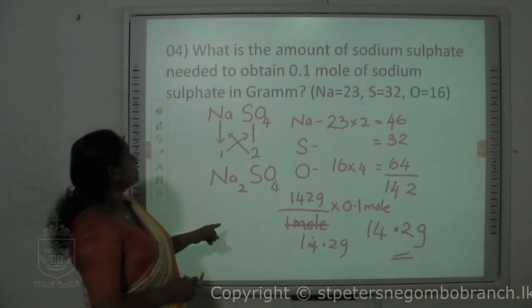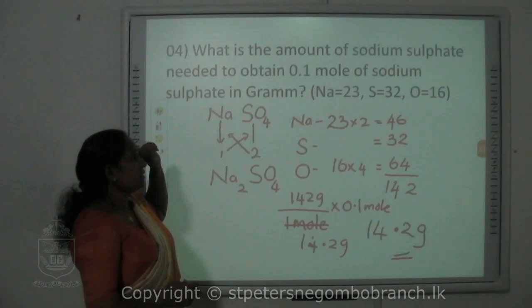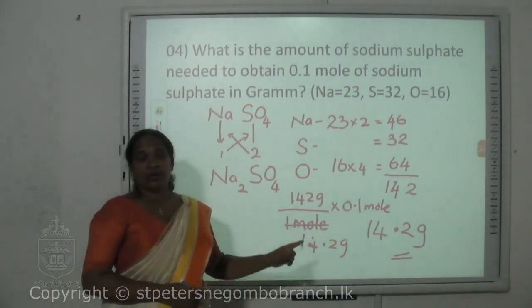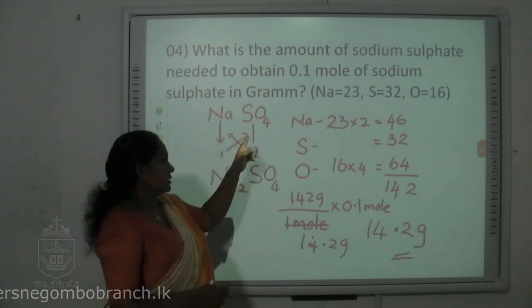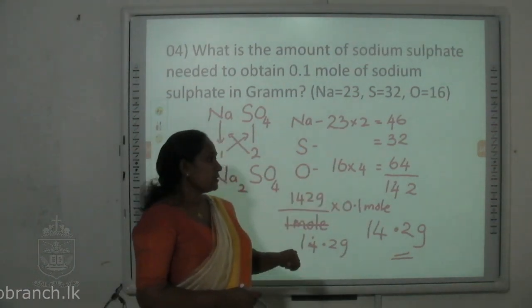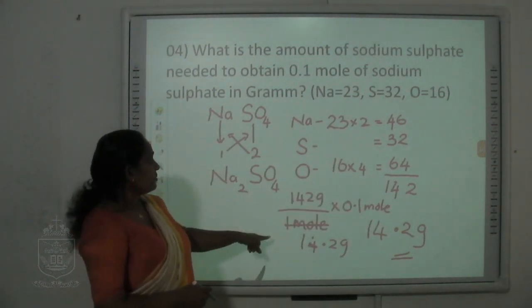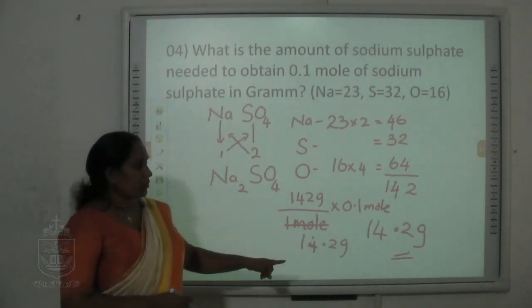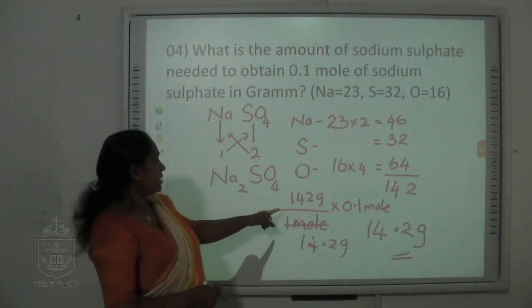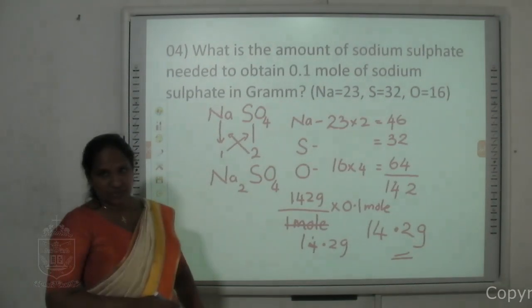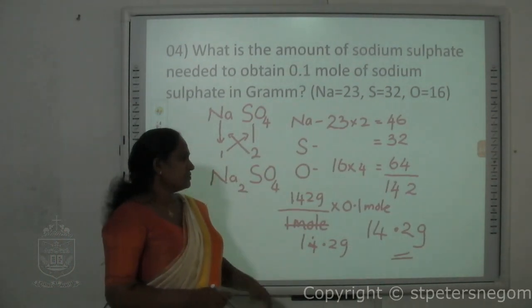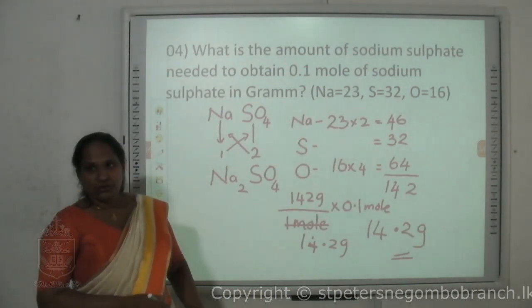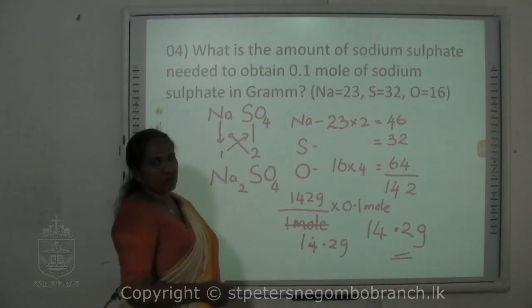Again see the question. First we have to write the chemical formula of sodium sulfate. Right? We can find it like this. After that, in 1 mole of sodium sulfate, 142 grams are there, then into 0.1, the answer will be 14.2 grams of sodium sulfate.